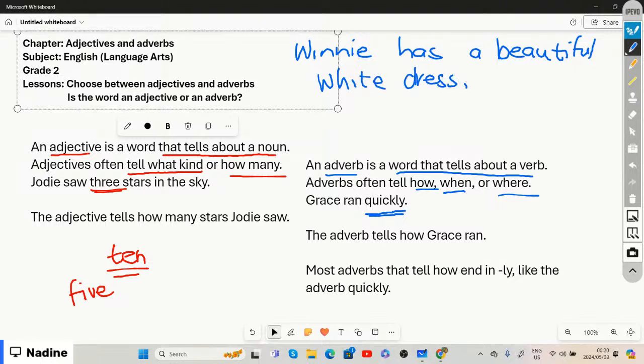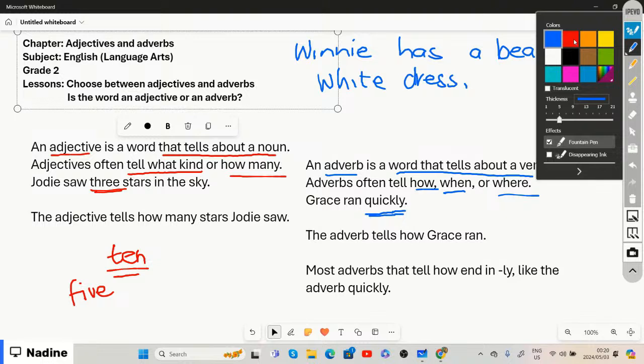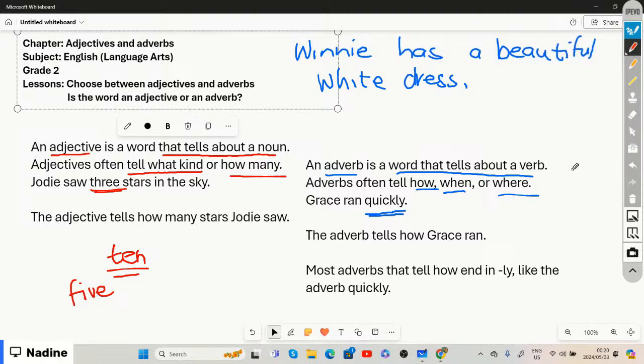So if we now were to select our adjectives within the sentence, they are going to be beautiful and white. And how do we know it's beautiful or white? Because that is how we are describing the dress. In this case, instead of how many, it tells us what kind of dress it is.